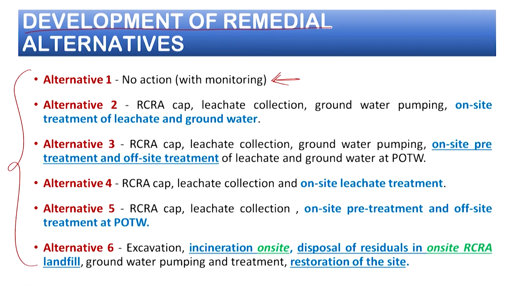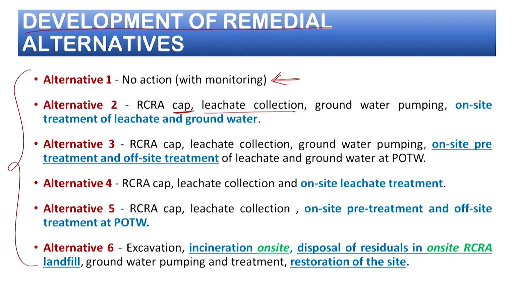The other one is a cap on the particular landfill, so that it will limit formation of the leachate, then leachate collection, groundwater pumping, and on-site treatment of leachate and groundwater. Another one is on-site pre-treatment and off-site treatment; more or less 2 and 3 are in conjunction. Again, on-site treatment, leachate collection.